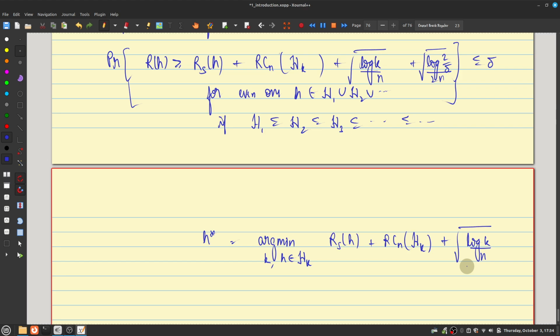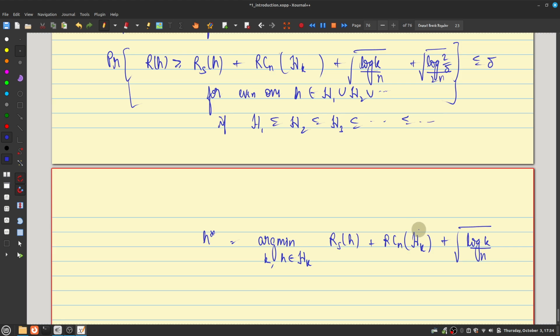Which one? That's anyway a constant, right? So there's nothing to minimize over. The only free parameters that you have are little h and k. Your hypothesis class is the union of these hypothesis classes.